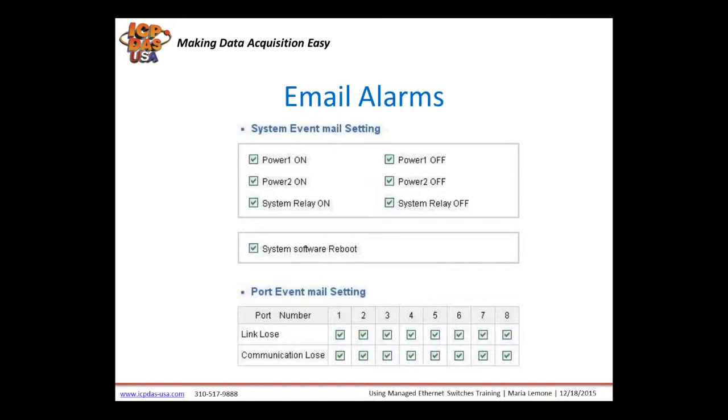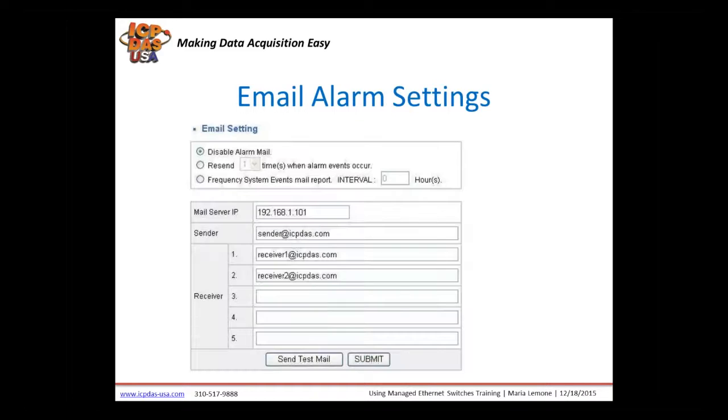If a failure in the network occurs, you simply choose the feature and enable it, and you can tell whether a communication loss or a link loss occurs in the system, and you can send an email alarm. This is part one of the configuration where you select what features you're looking out for, and then here is the configuration for the email alarm setting.